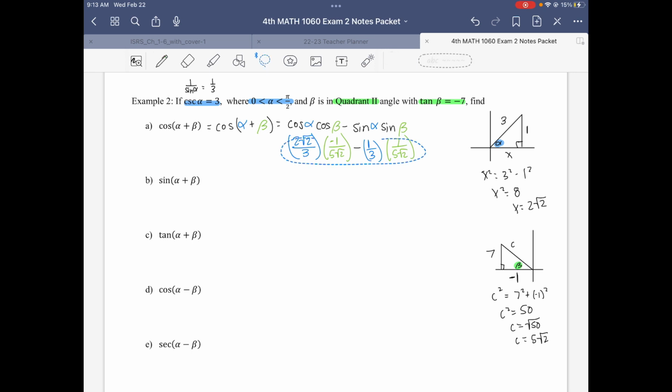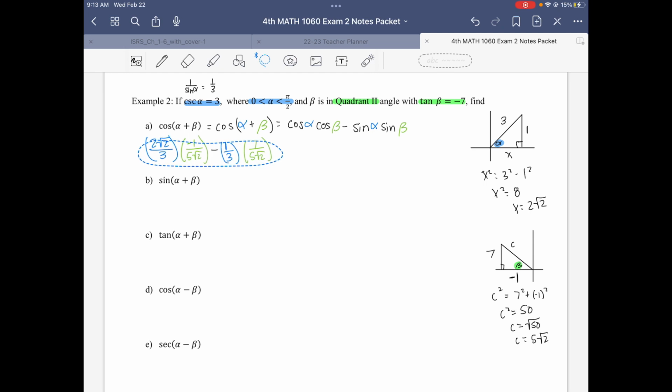Now I'm going to slide these over so we have just a little bit more room to work here. This would equal -2 square roots of 2 over 15 square roots of 2. Remember, outsides can interact and insides can interact, but they cannot interact with each other. So the 3 and the 5 can multiply because they're both outside of the radical, but the square root of 2 cannot interact with that.